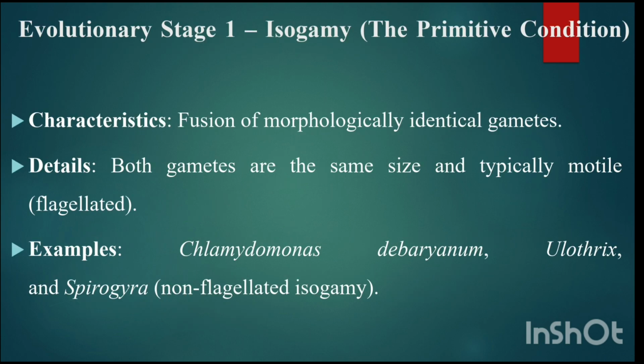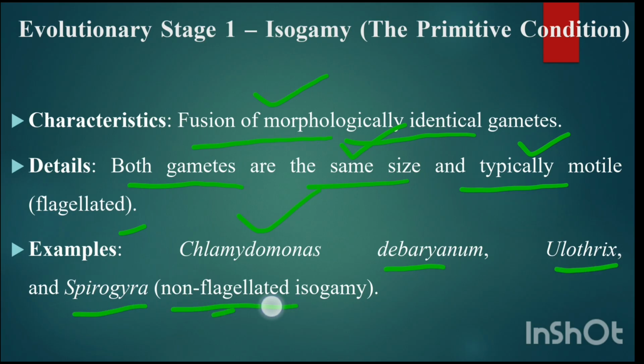Next, evolutionary stage 1. At first it is isogamy, which is the primitive type of sexual reproduction. Characteristic of isogamy: fusion of morphologically identical gametes. Here both gametes are the same size, typically motile or flagellated. It is observed in Chlamydomonas, Ulothrix, Spirogyra.